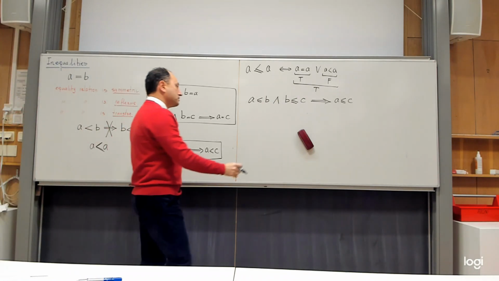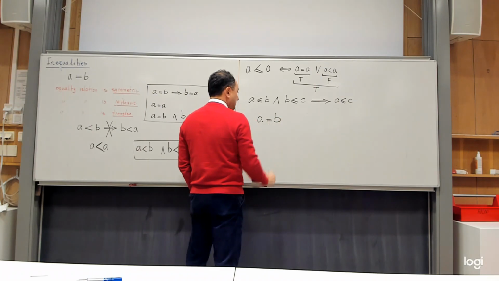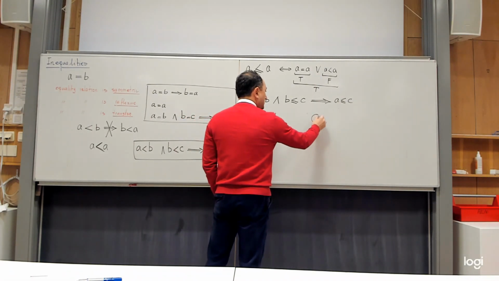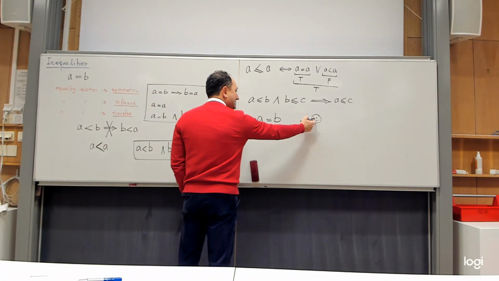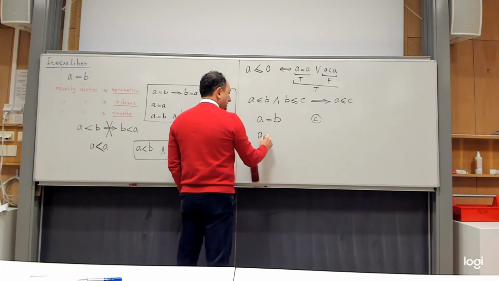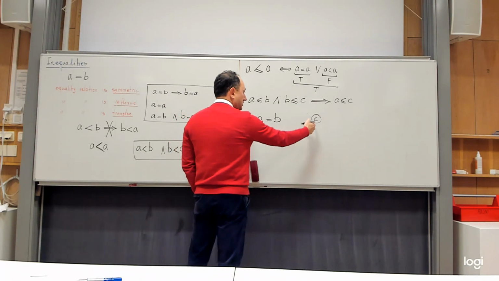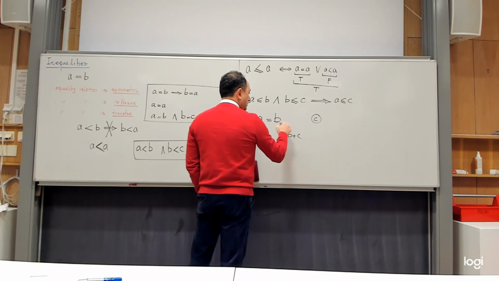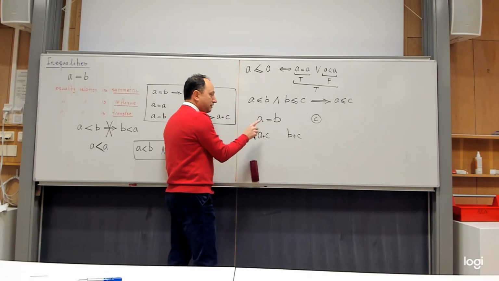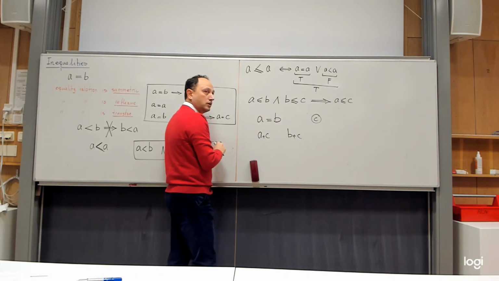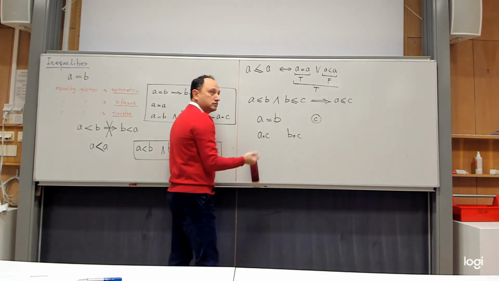So one famous property is this. If A is equal to B and C is any number that you like, what can I do? I can add C to the left-hand side to generate A plus C. This is a new number. And I can add C to the right side and generate these two. If I tell you that I guarantee that these two numbers are equal, what can you conclude between these two?